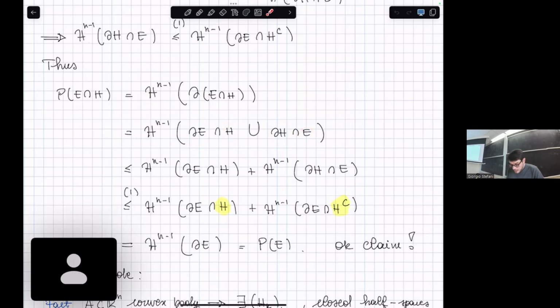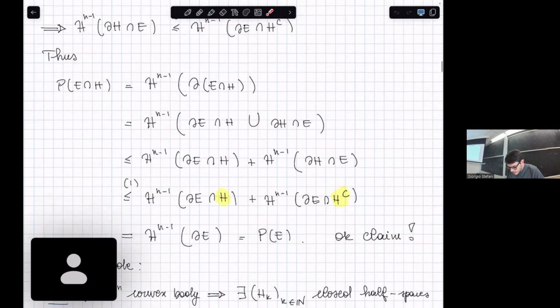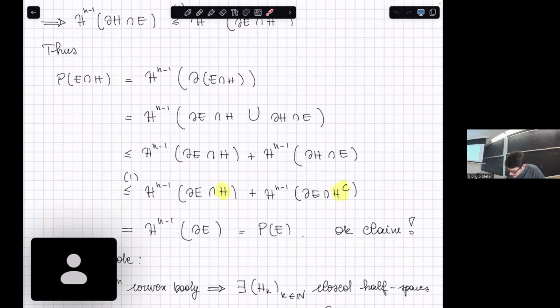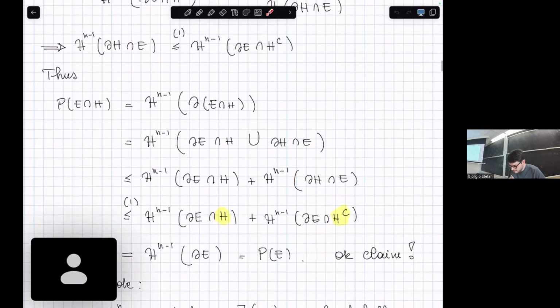Okay? And then, this is a union, so this is a measure, so by monotonicity of this measure I get these two pieces. The second one is the thing that I want to control using the piece of information that I have before. And the point is that this can be bounded with this, as we said before.